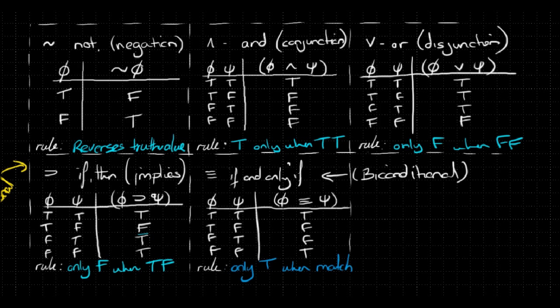And learning these truth tables and the rules is just going to mean that we can now apply this to much larger formulas, make much larger truth tables, and see how the truth value of larger formulas is affected by the truth and falsity of their constituent atomic formulas. So let's move on to do a little bit of that, and then we'll talk about the conventions for drawing larger truth tables.